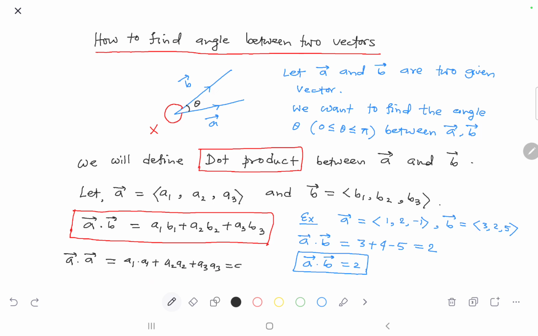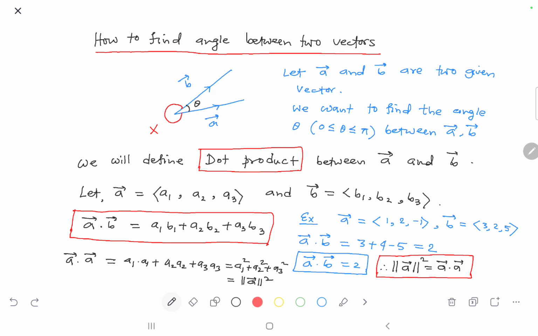So this is nothing but A1 square plus A2 square plus A3 square, which is the magnitude of A vector square, right? So the magnitude square of A vector is nothing but A vector dot A vector, right?